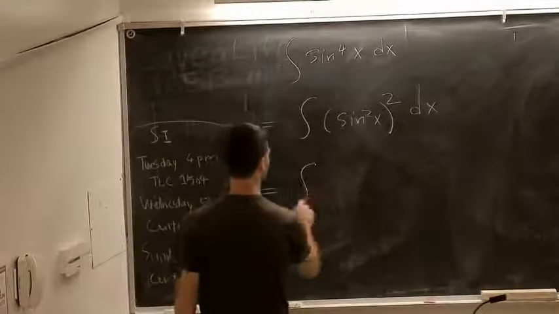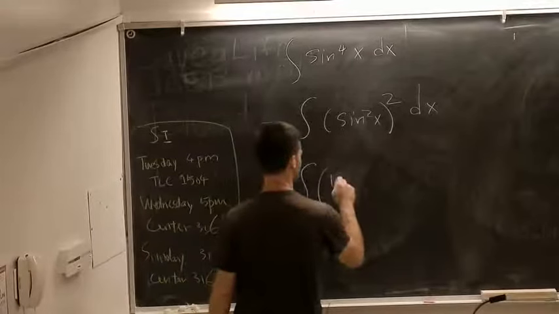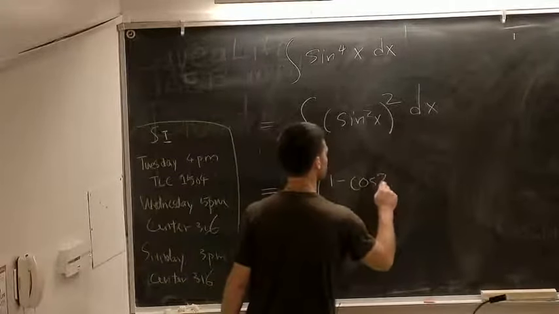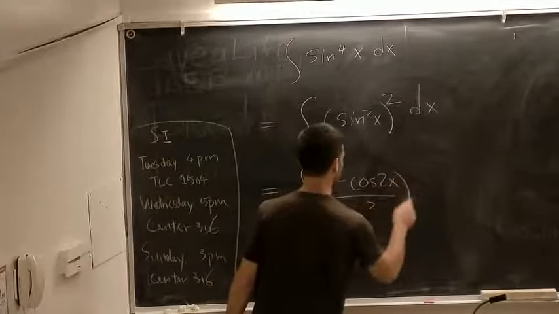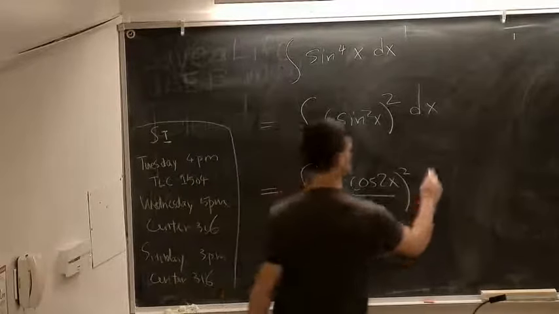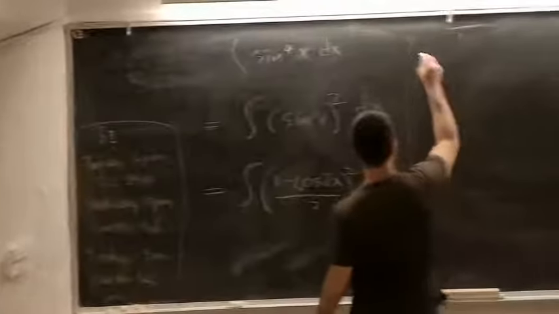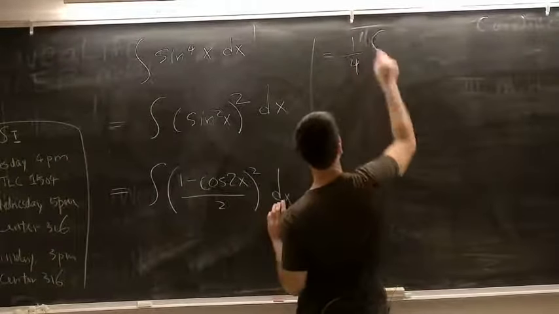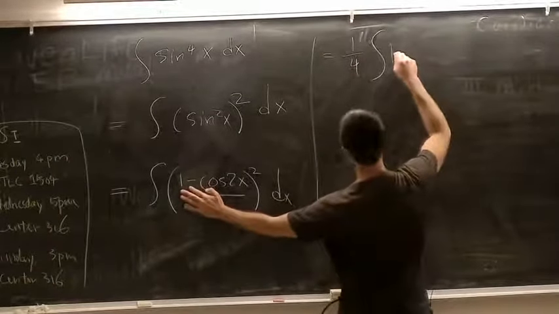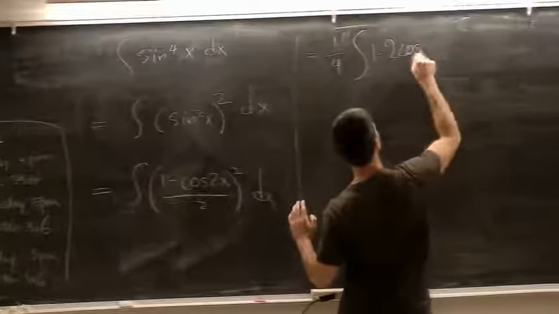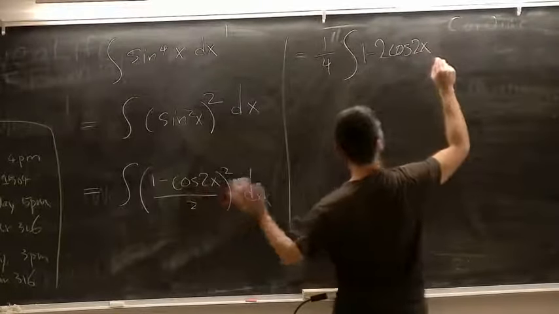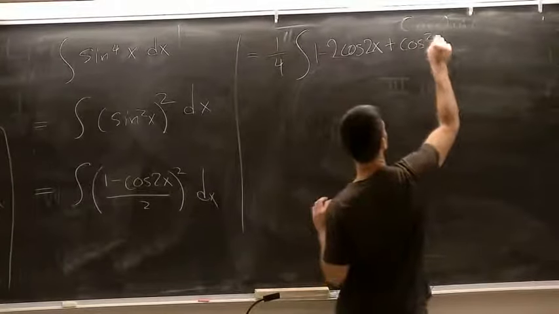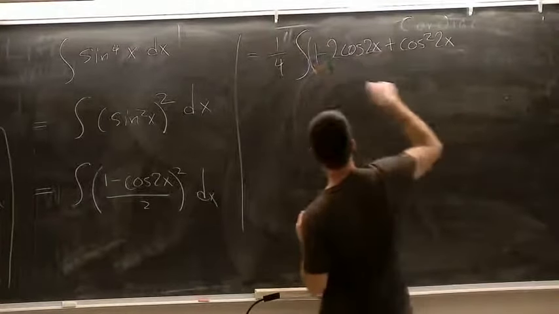Yeah, okay, so that's the same as 1 minus cos 2x over 2, squared. So let's square this all. That'll be 1/4. Okay, I'm going to get a 1 minus 2 cos 2x, and then a plus cos squared of 2x.